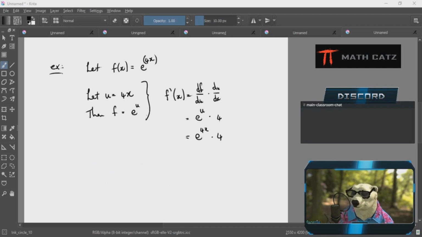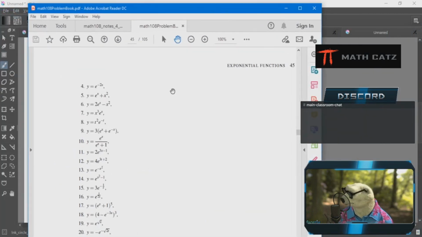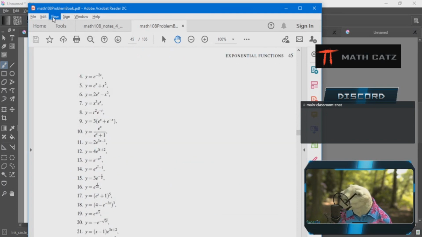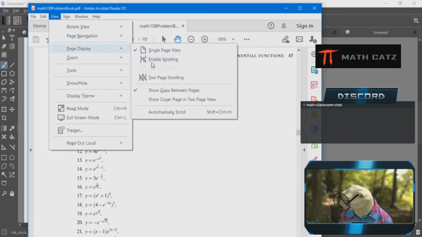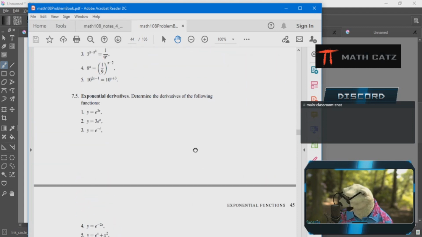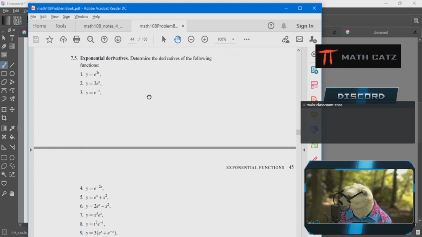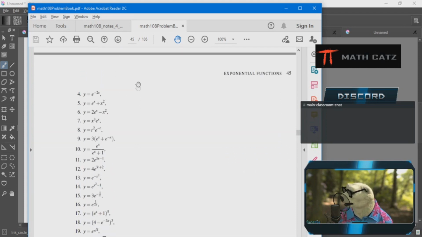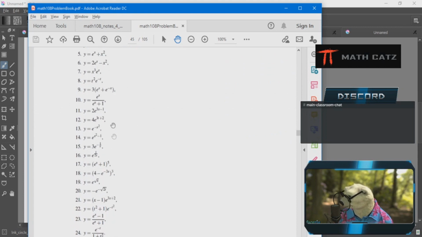Okay. Now, we are unfortunately out of time. I'll show you here. Sorry, my view is wrong. The main one we are needing to practice is problem 7.5, where I just have the base e, I mix it up.